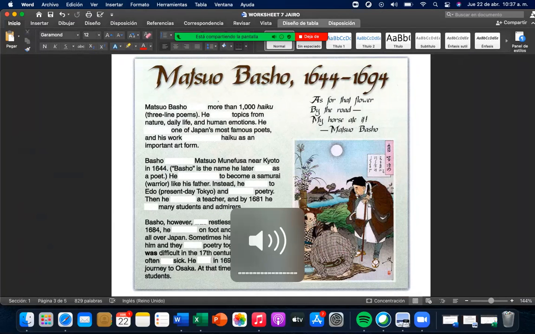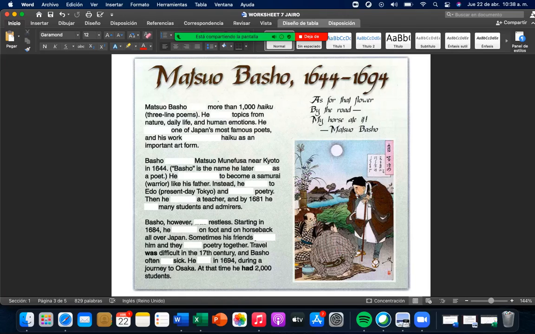Unit 3, Grammar in Context, page 22. Matsuo Basho, 1644 to 1694. As for that flower by the road, my horse ate it.